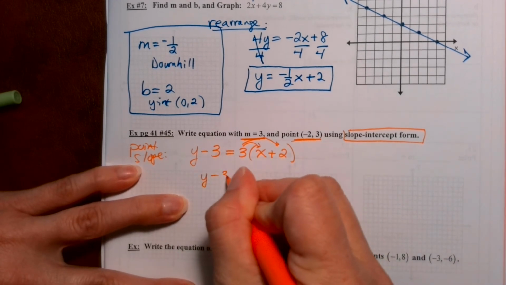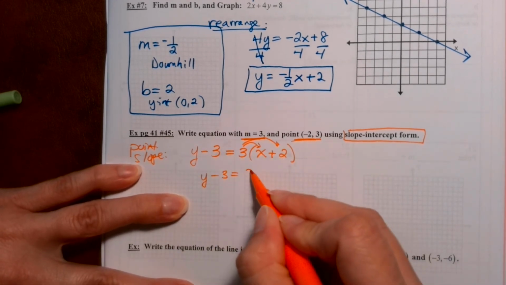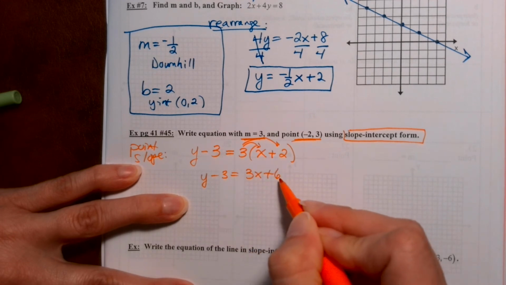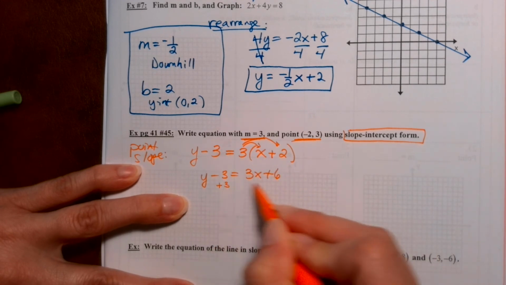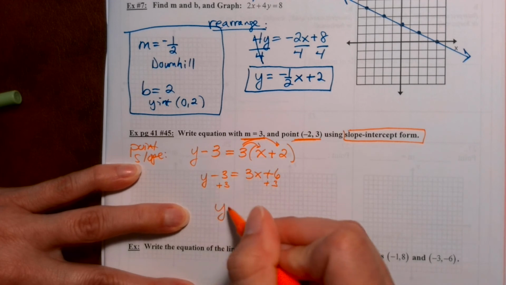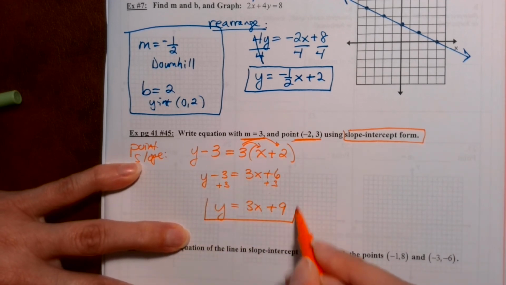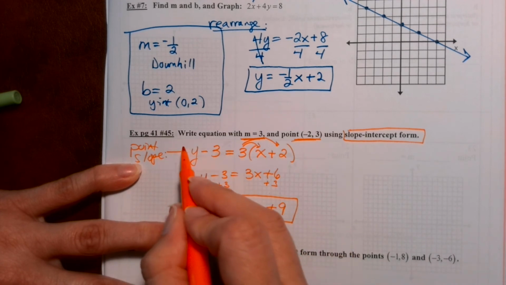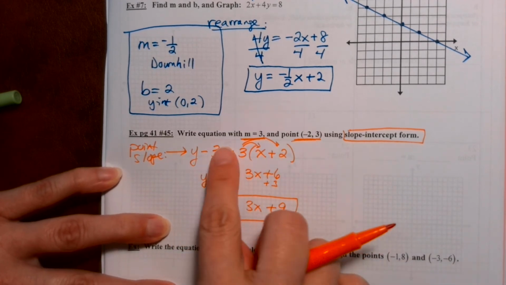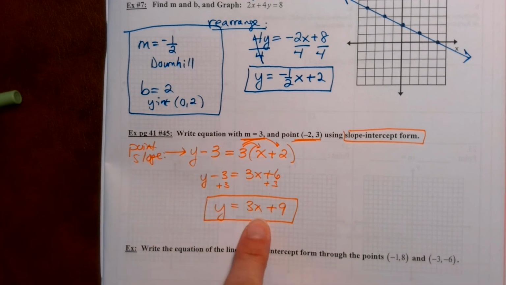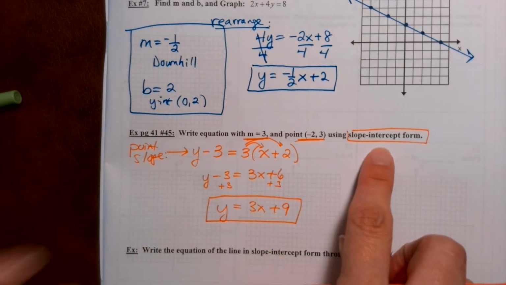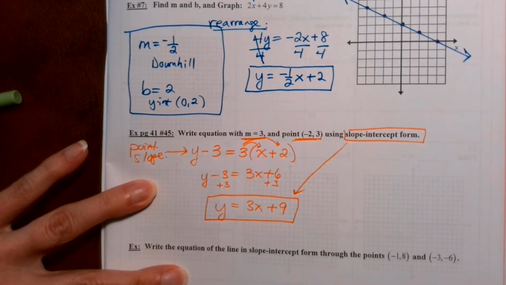So if I distribute the 3, that makes 3x plus 6. And then I'll add 3 to both sides, and now I've quickly rearranged it into slope-intercept form. So even though this is point-slope form, it helped me with one quick little distributing to get it into slope-intercept form. So this is the form that they wanted.